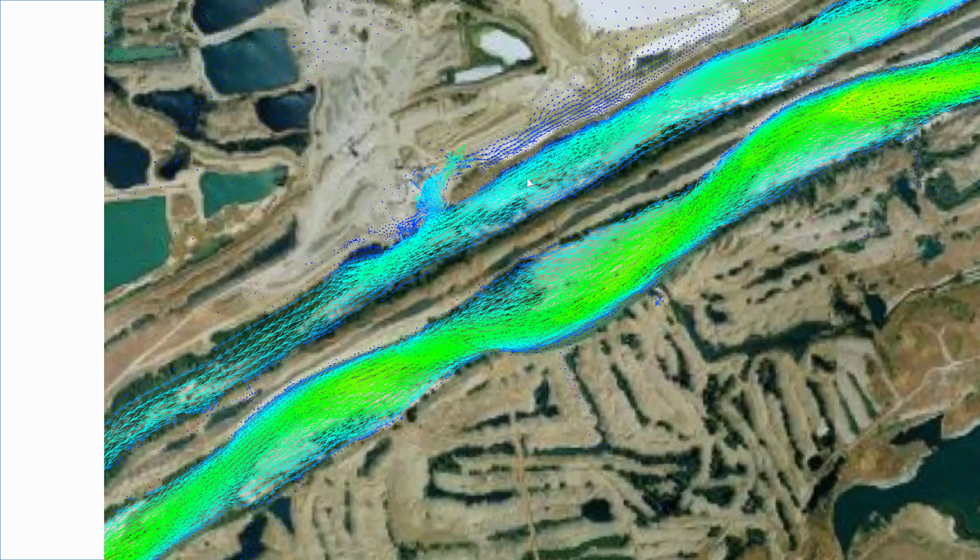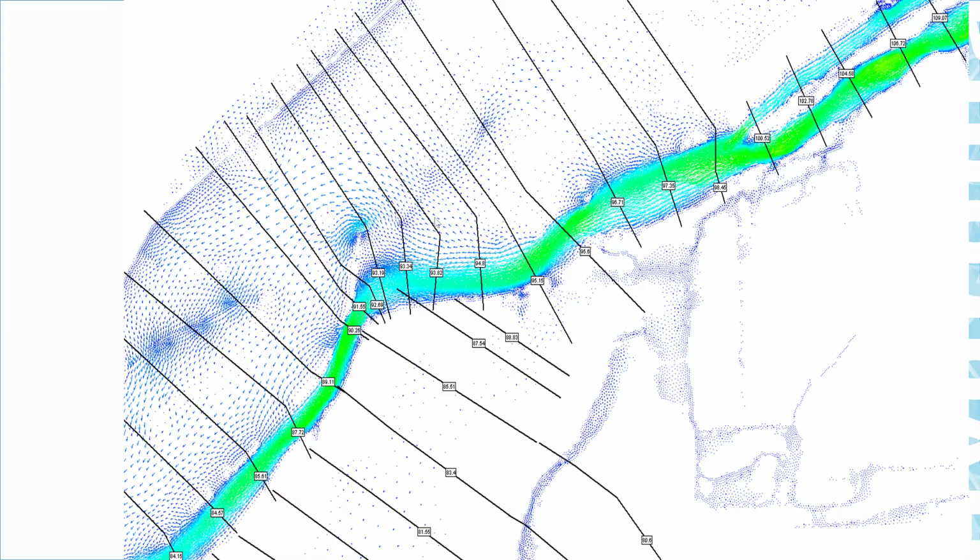So it's coming downstream here, overtops, and then flows in the opposite direction here. That would be completely impossible to obtain in a 1D model. In this area, you can see in more detail what's going on.